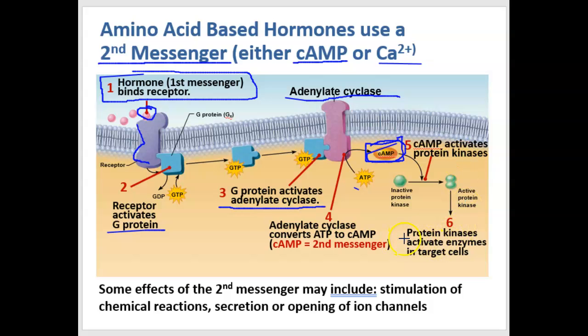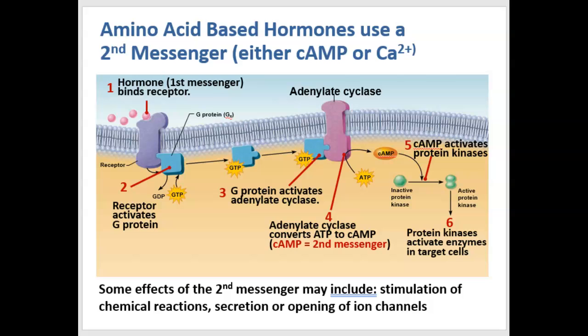Usually it activates enzymes inside target cells, and that can stimulate lots of chemical reactions. Maybe the target cell will then secrete something, or maybe channels will open, like ion channels. It depends on what target cell you're in.